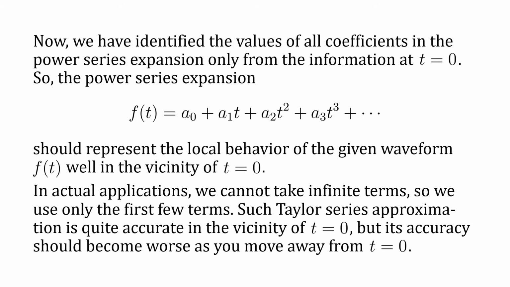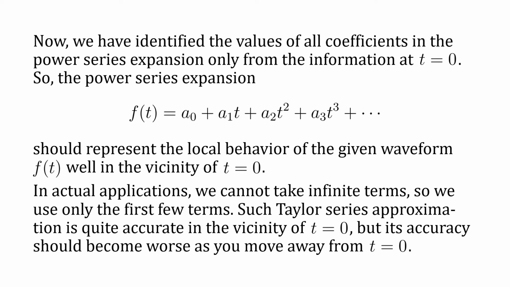Now, we have identified the values of all coefficients in the power series expansion only from the information at t equals 0. So, the power series expansion f of t is equal to a0 plus a1t plus a2t squared plus a3t cubed plus etc. should represent the local behavior of the given waveform f of t well in the vicinity of t equals 0.